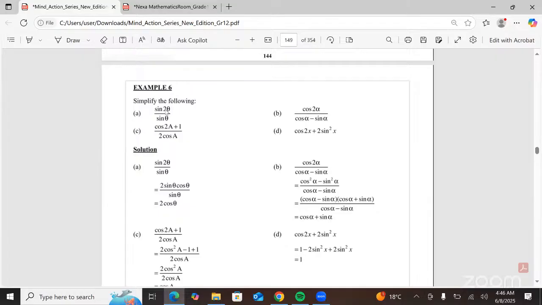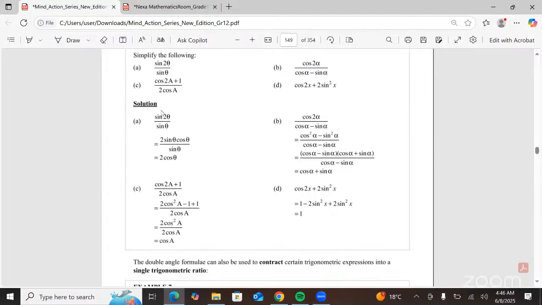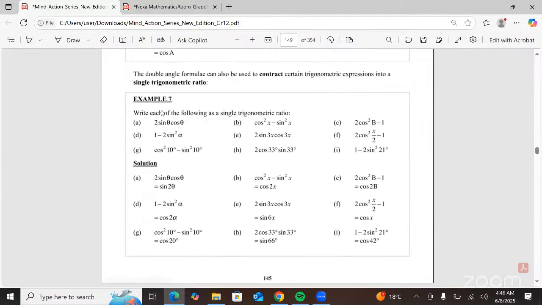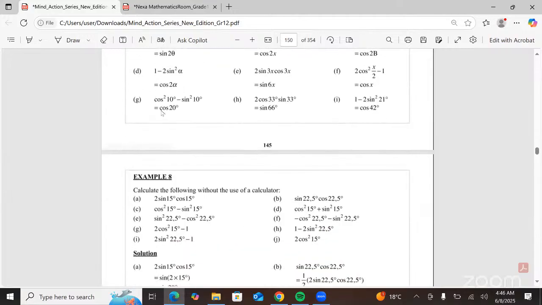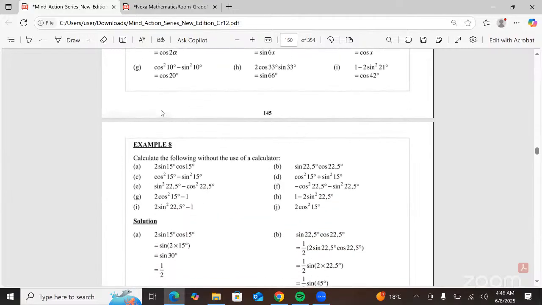You just know that sine 2 theta you can transform to 2 sine theta cos theta. Then from there, you work around your algebra until you get to the final answer. I think that is not a big deal. You can do that.